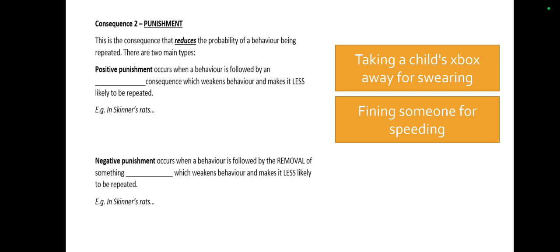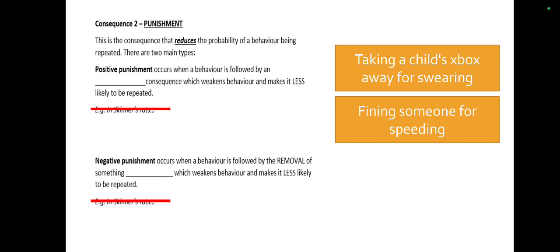We're now going to fill in punishment, but I want you to put a cross through or a line through the 2 examples for Skinner's rats, because they're not quite right for the Skinner box and I don't want to confuse you. So we've just said punishment takes 2 forms, but it always reduces the probability that you repeat a behaviour. So positive punishment, can we remember what we said?